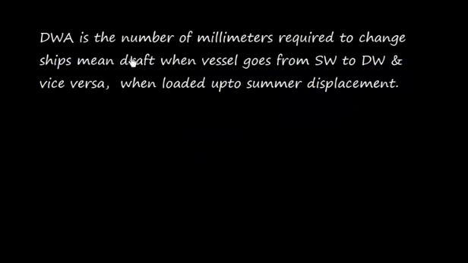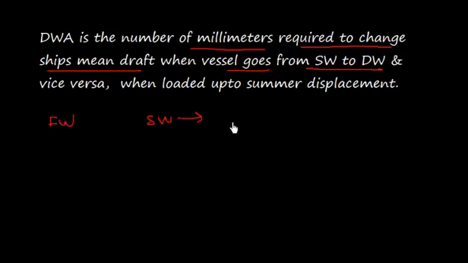Now we can define dock water allowance as the number of millimeters required to change the ship's mean draft when vessel goes from salt water to dock water, and vice versa, when loaded up to summer displacement. Well, in case of fresh water, it was from salt water to fresh water.